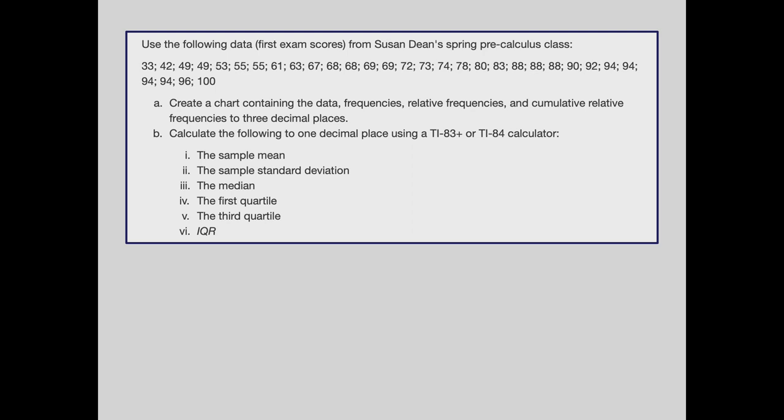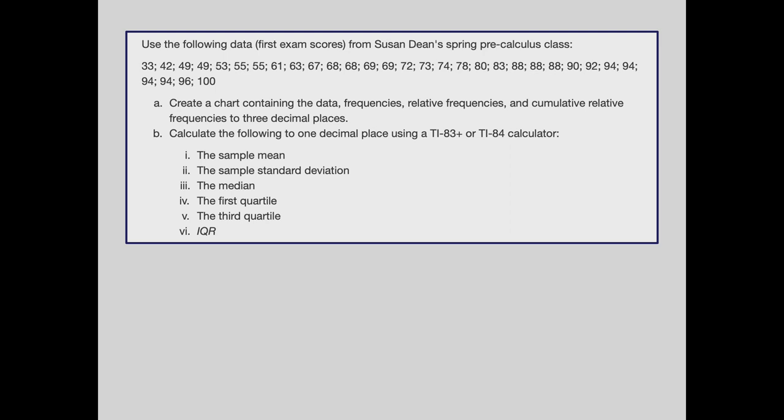So put them all into L1 and then you go to stat, calc, one-variable stats, and right away up will pop the sum of the x's, the sum of the x squareds, and then you'll get Sx, which is the sample standard deviation. There's also σx, which is the population standard deviation. But we want to go with Sx almost all the time unless told differently.